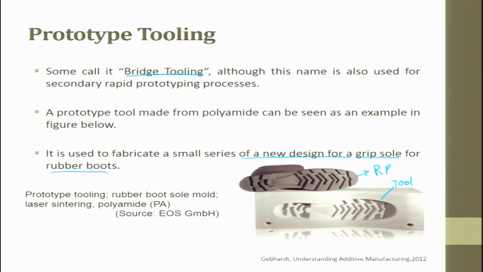So, I wanted to make this tool and do some functional tests to see how good the gripping is. The prototype tooling rubber boot sole mold is made by using laser sintering, and polyamide is the material. Polyamide is a polymer material. Okay. This is done by an EOS machine. So, the bridge tool, otherwise called the prototyping tool, is also part of rapid manufacturing.